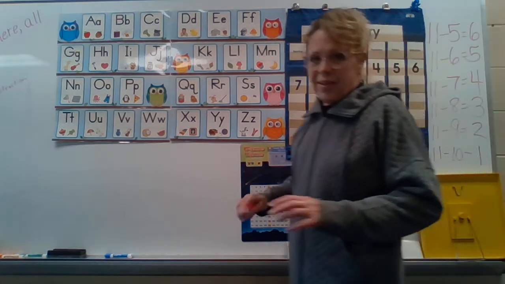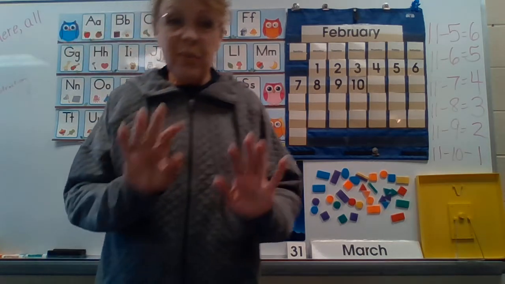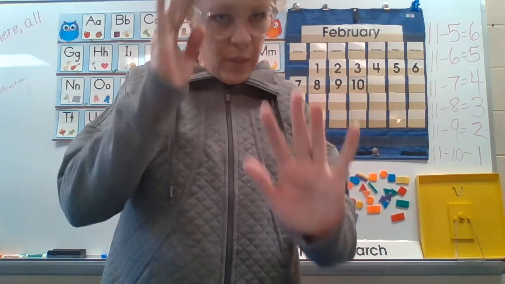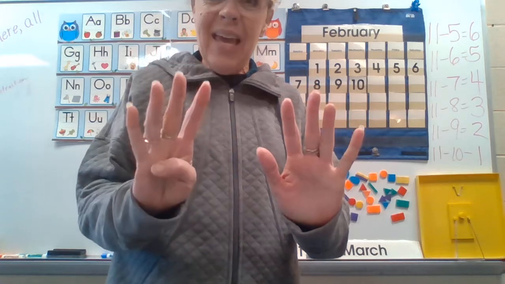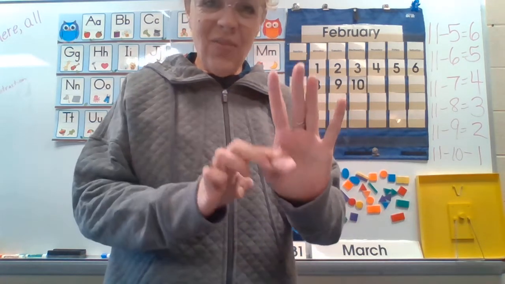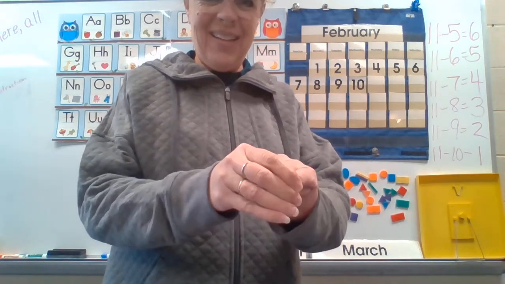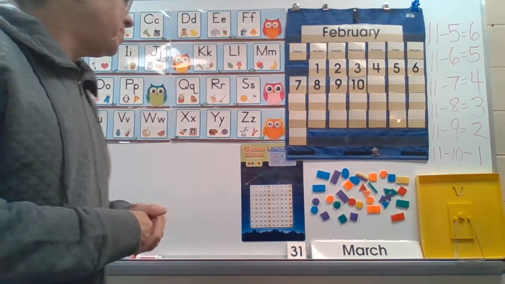We can do it with our fingers. We're going to take 10 away, so I have to count backwards all these. Put 11 in my head, and I'm going to count back. 11, 10, 9, 8, 7, 6, 5, 4, 3, 2, 1. So 11 minus 10 is 1. Good job.